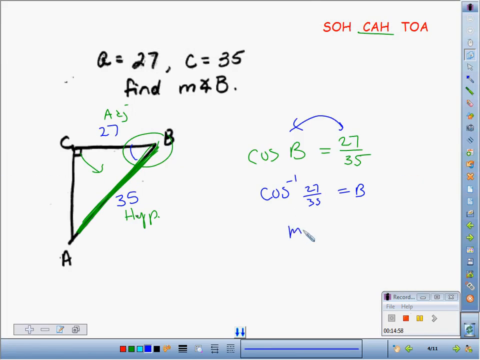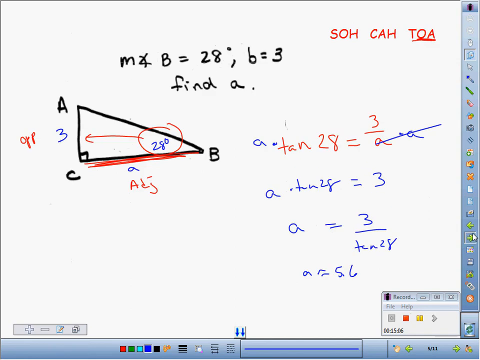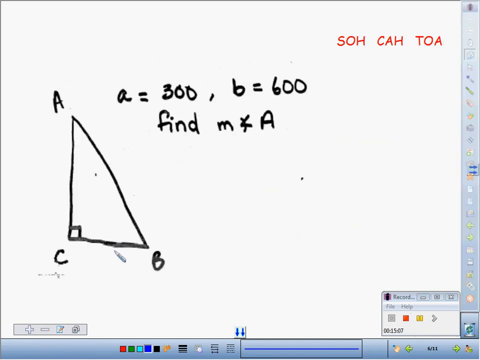So measure of angle B is approximately 39.5 degrees, or whatever our calculator said. All right, one more. Little a is 300, little b is 600. Find the measure of angle A, so arc mark. Trig function: this is opposite.